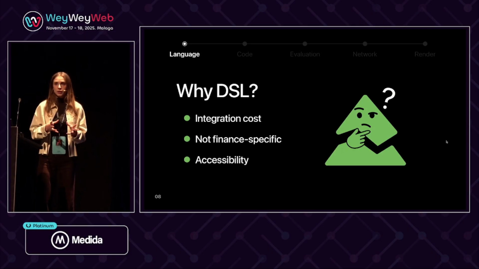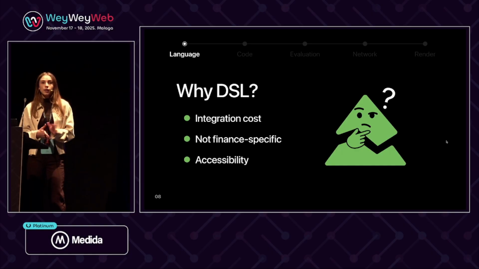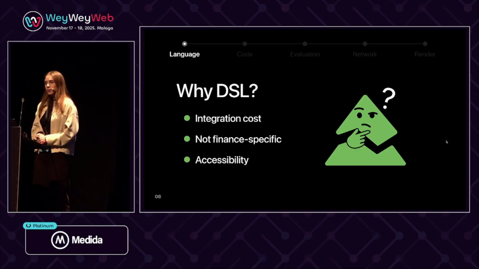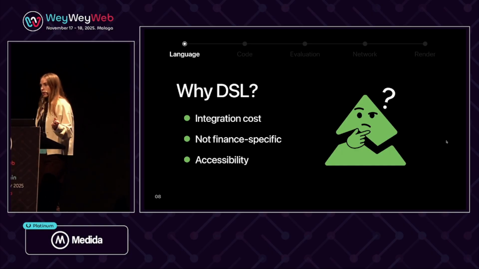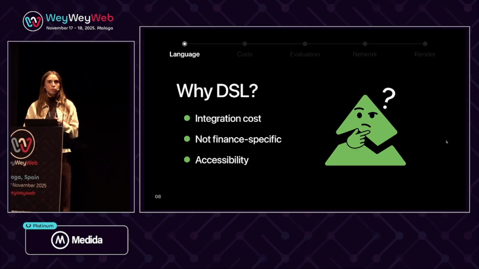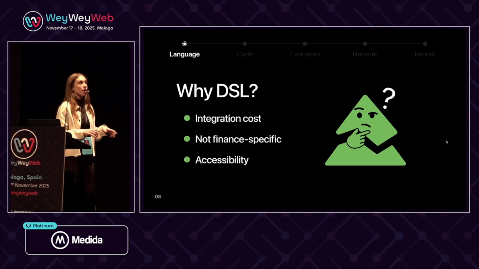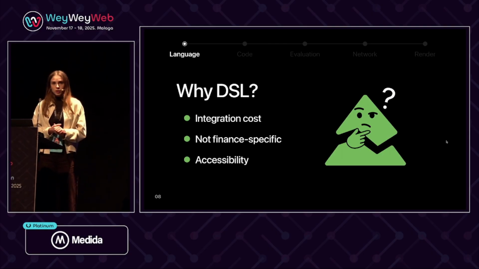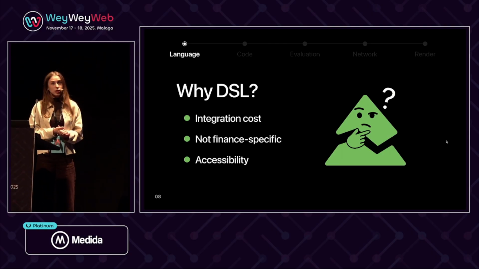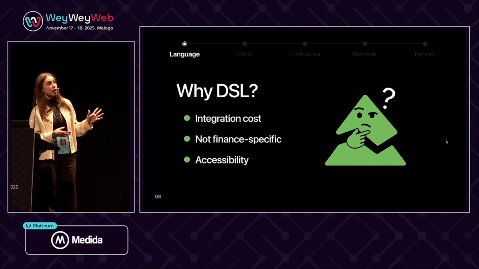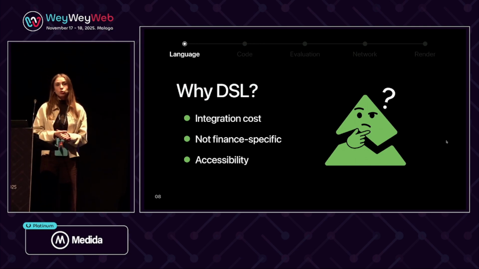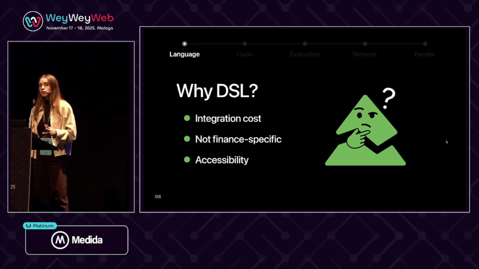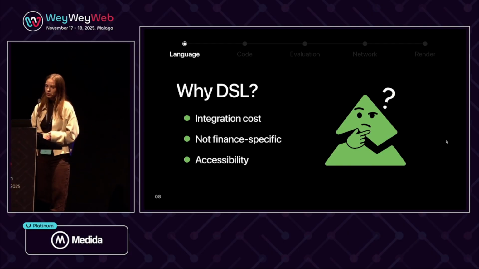Bringing a full programming language into a trading chart is a massive engineering task. It requires adapting the runtime, libraries, security, and tooling around that. The next point is that a general-purpose language doesn't support financial data out of the box. So we would need to create libraries for that.